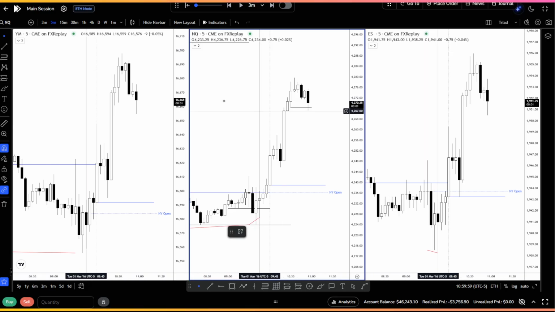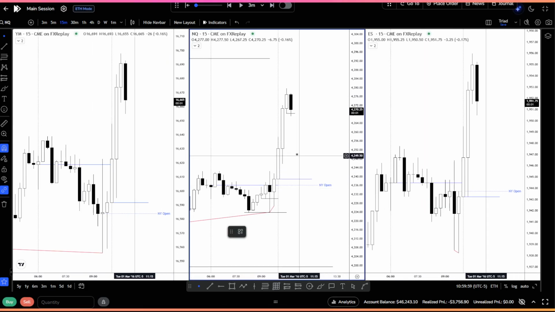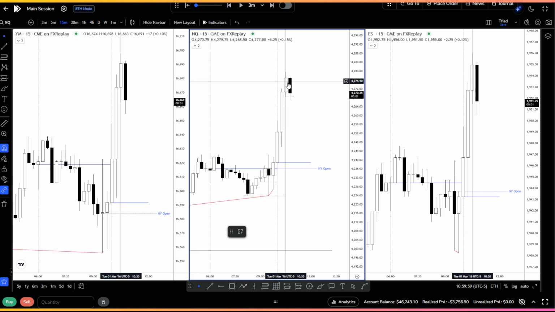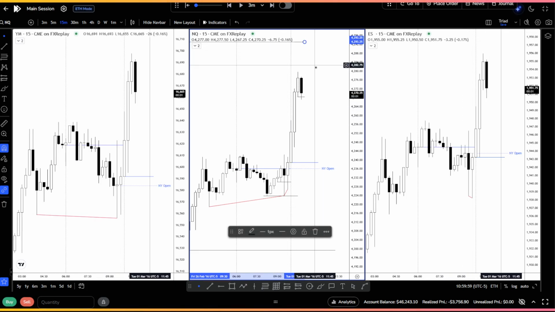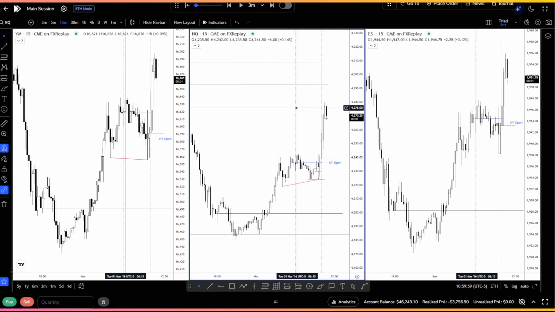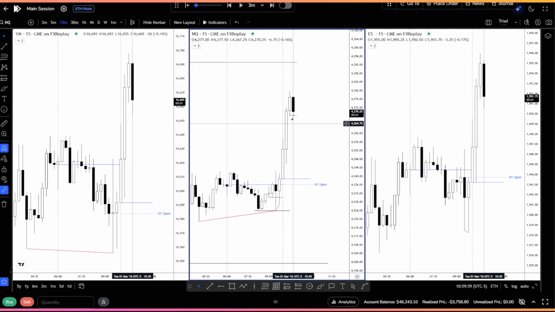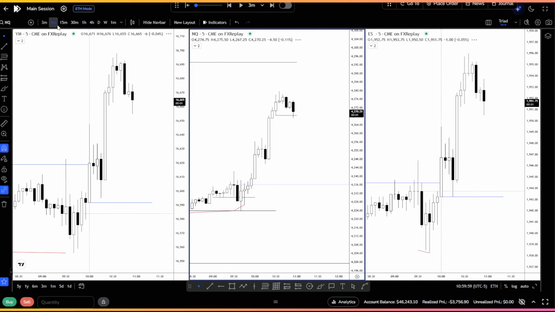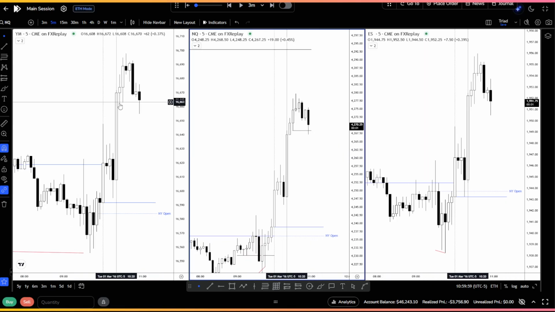I zoomed out again, and I was waiting for a new swing point for me to then target the relevant swing point to the upside. So I just got the swing point here on 15, and I see that it's manipulating right now.